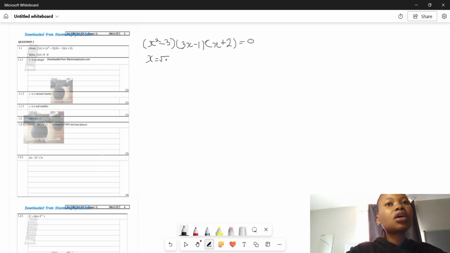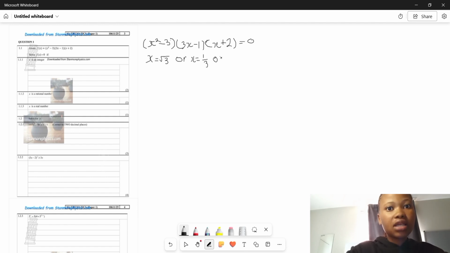In this part of our question paper, we are going to be solving for x in order to understand what is an integer, what is a rational number, and what is a real number. We are writing them down as we have solved. This is the value of our x's.